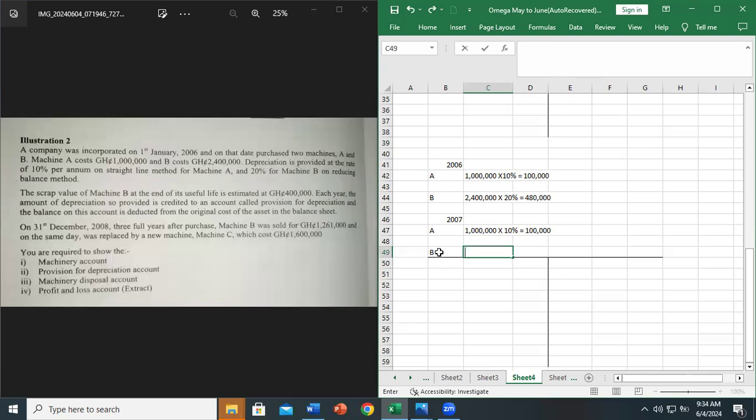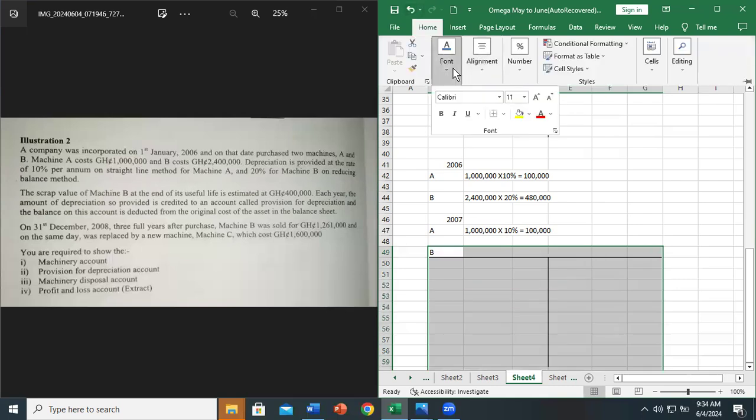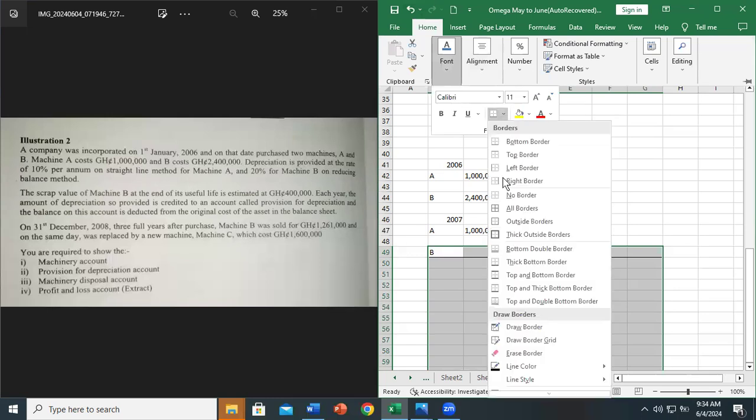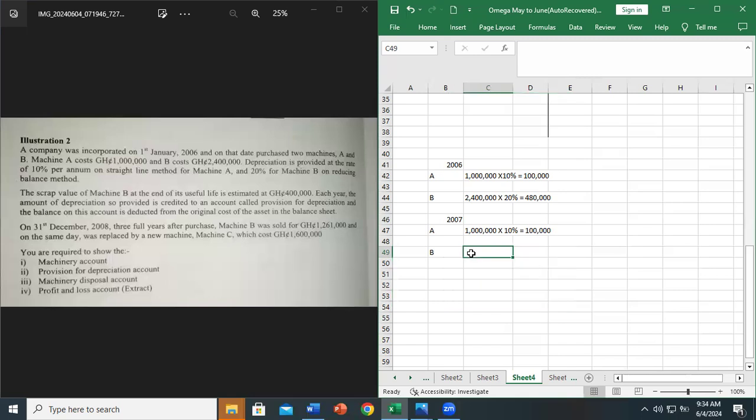Because we are using the reducing balance method, in the second year, this is how the depreciation will be. We pick the asset cost, and we less the previous depreciation we charged. In this case, the depreciation we've charged is only this 480,000, before we multiply by the 20%. That's the reducing balance method.